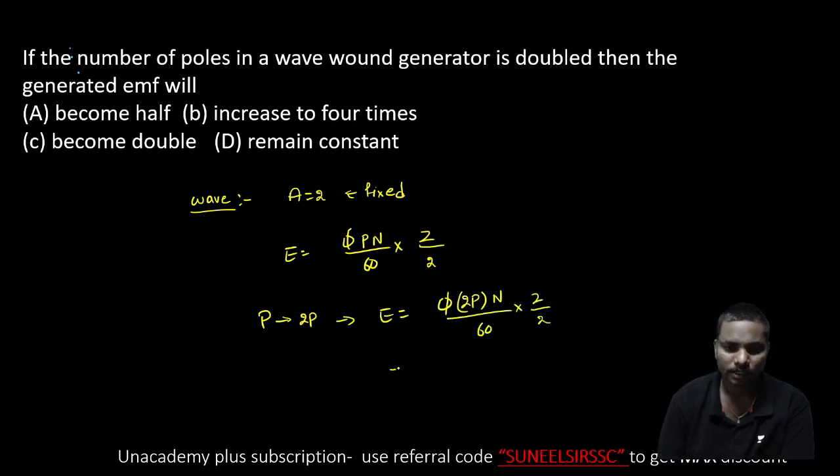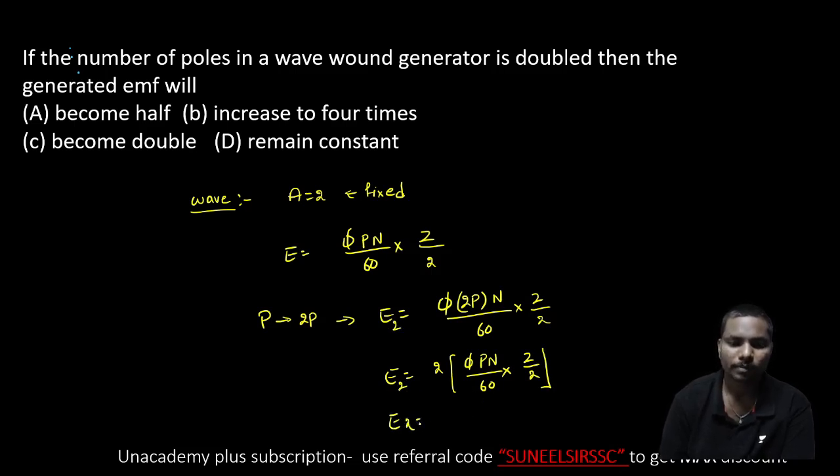If you take the common factor, it is phi P N by 60 into Z by 2, that is the EMF of the previous case. So the new EMF is 2 times the earlier EMF. It becomes double. A very easy question. Coming to the next one, guys.